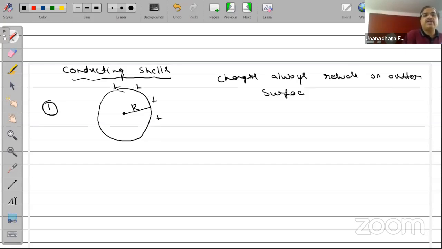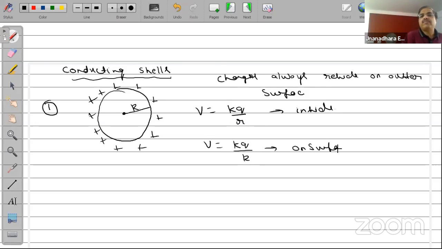Even if it is a solid conductor, this is what in fact the case is. Now for this, we all know that the potential is going to be kq by r for a point inside, and V will be equal to kq by capital R if it is on the surface, and it will be equal to kq by small r if it is outside the surface.